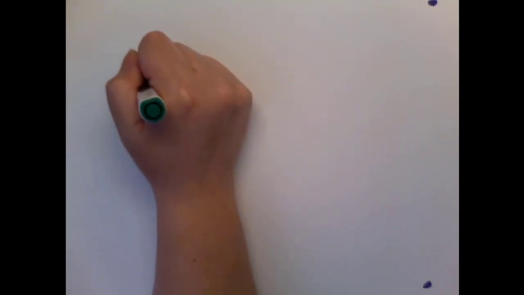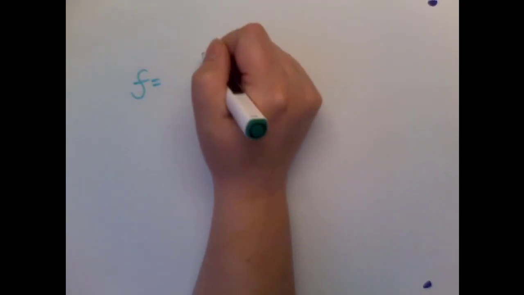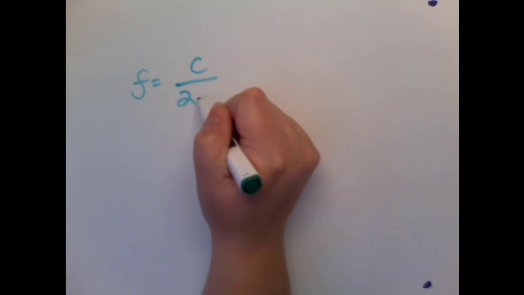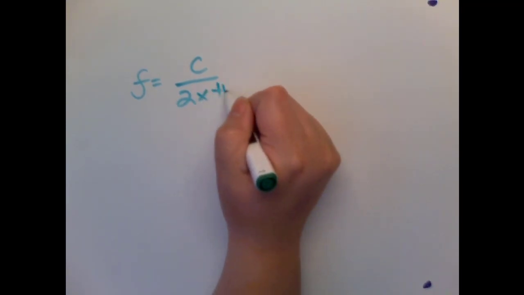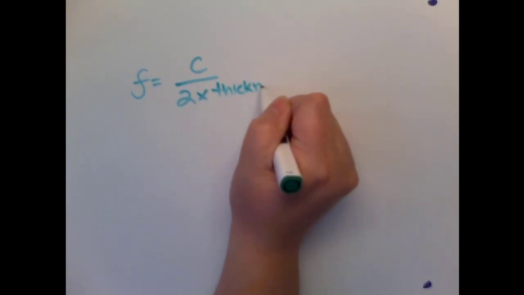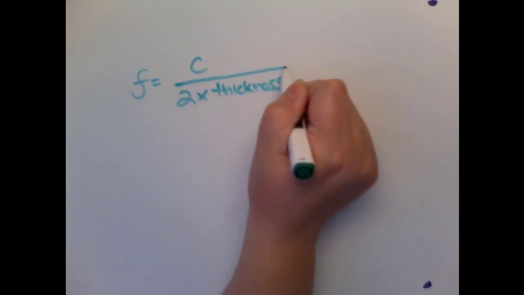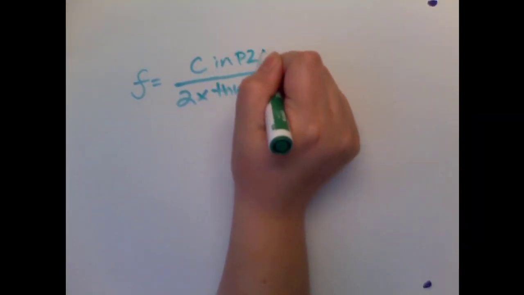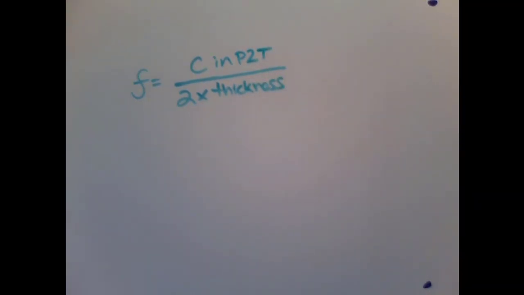So our formula tells us that frequency equals the speed of sound divided by 2 multiplied by the thickness. And it's speed of sound in the PZT. So again, don't spend a lot of time memorizing this. What you need to understand are the relationships.